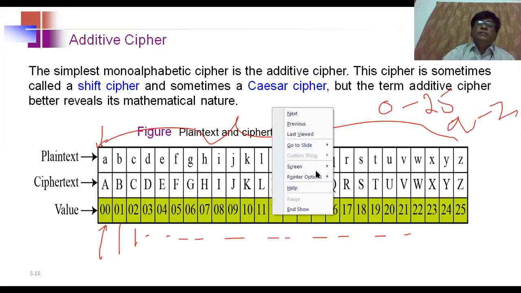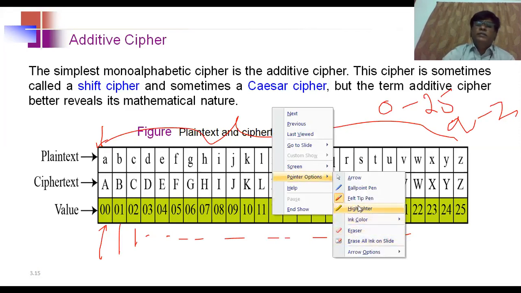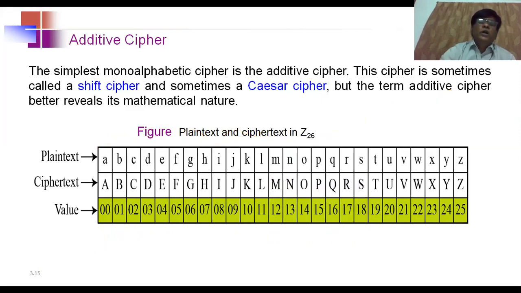So at the time of conversion from plain text to ciphertext, instead of using these alphabetic symbols, I use the equivalent numeric values.